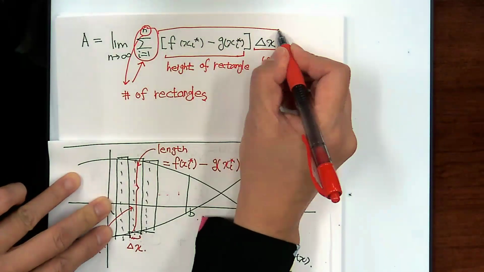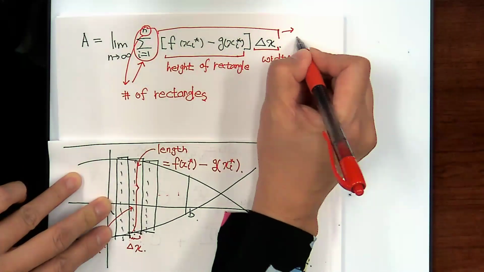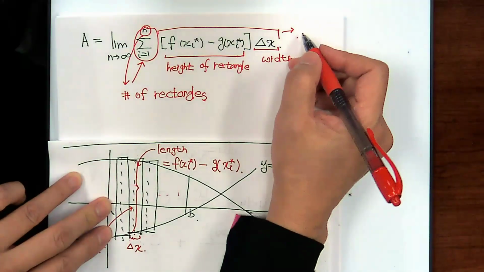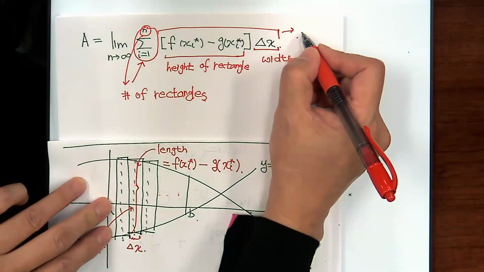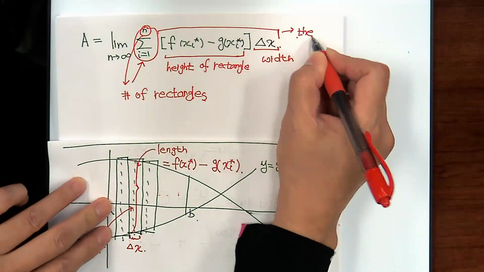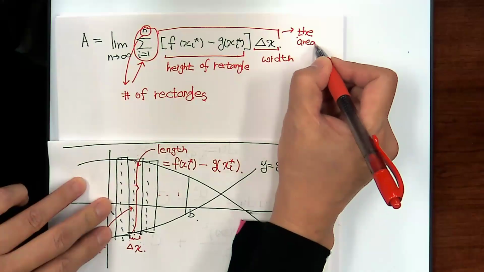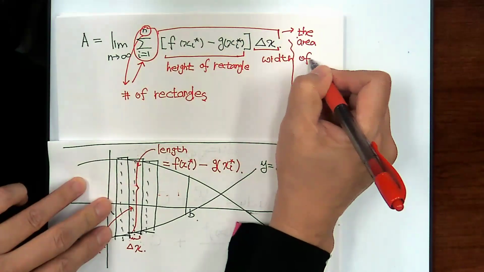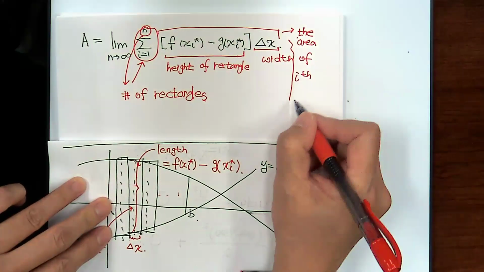Of course, when we multiply those two, we will have the area of the ith rectangle.